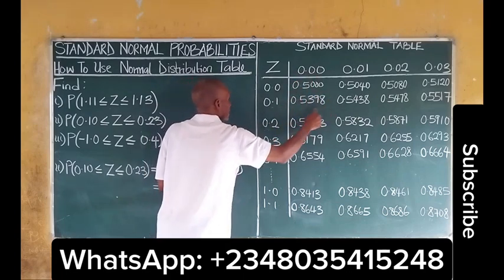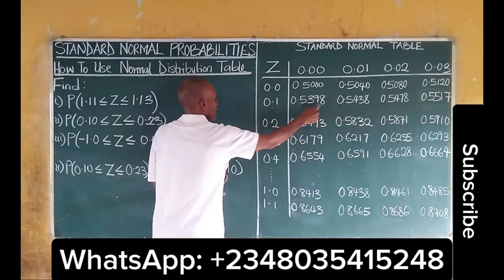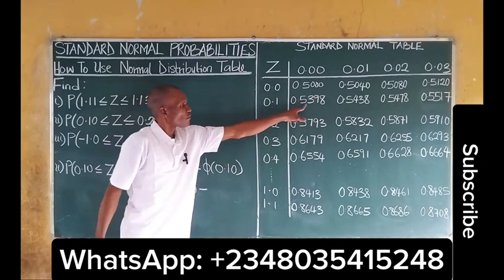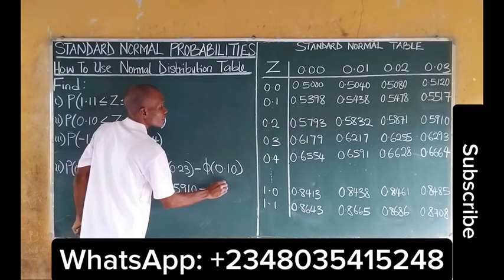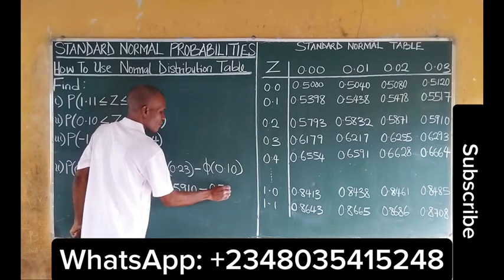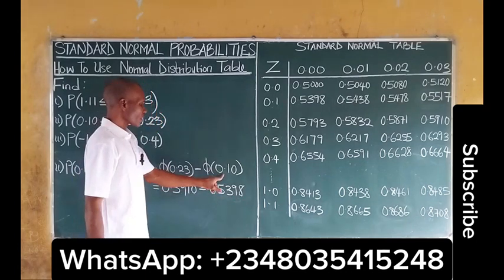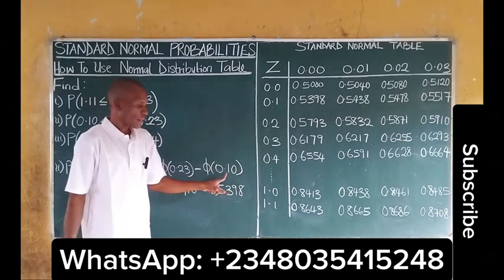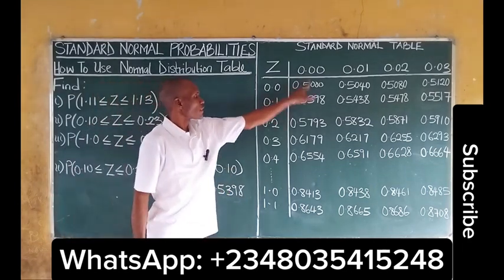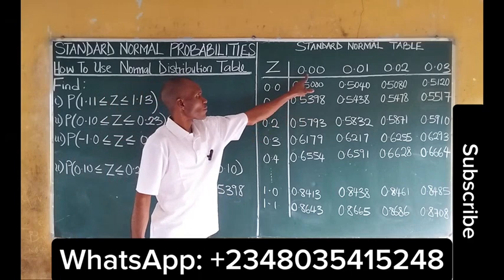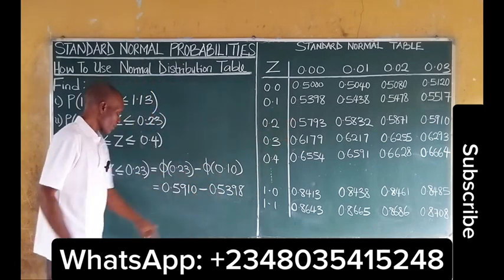So the value that intersects the two of them is 0.5398. That is how we got this.